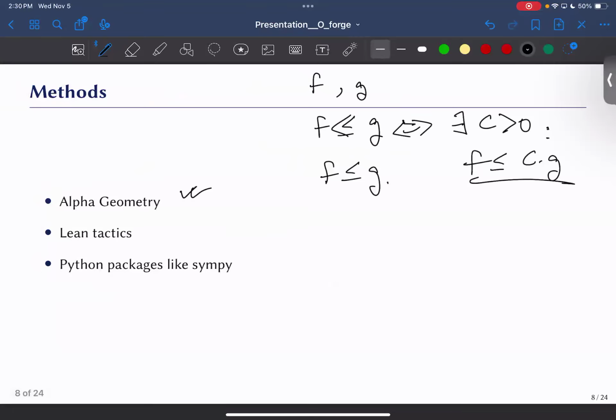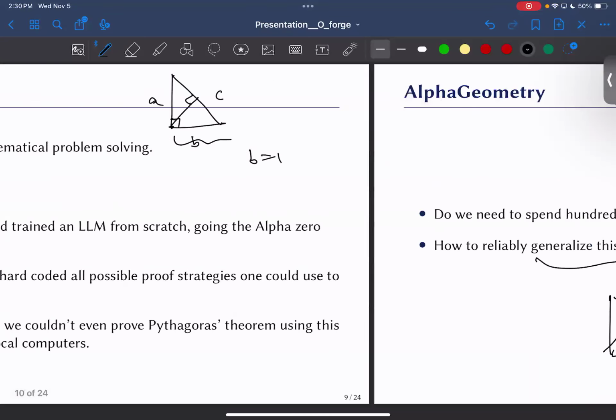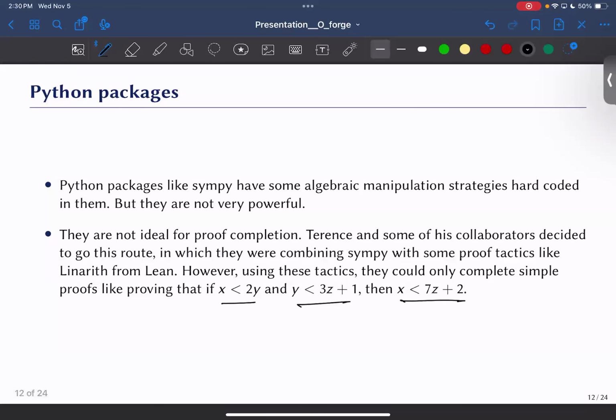That's linear. Yeah, that's linear. So you can take an input, simplify it using SymPy and then feed it to Lean, and then use something like linarith, and then that can prove things like this. But you can't prove much more complicated things than that.